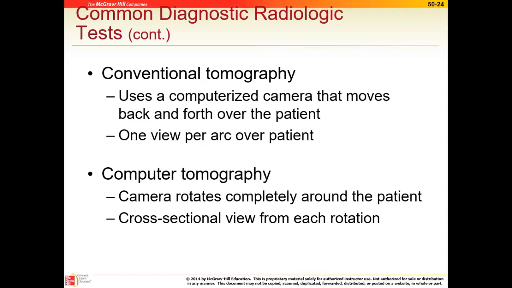So the next one that's listed here is the conventional tomography. This is actually a CAT scan, and they'll call it a CT scan or a CAT scan. And this really revolutionized radiography. When I remember back in the late 80s, early 90s, when the CAT scan came out, the X-ray itself was pretty revolutionary to be able to see inside the body, but then the CAT scan gave us a capability of actually putting thin slices together to actually get a 3D view.